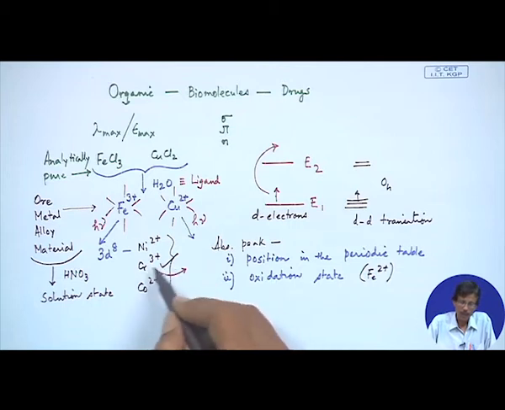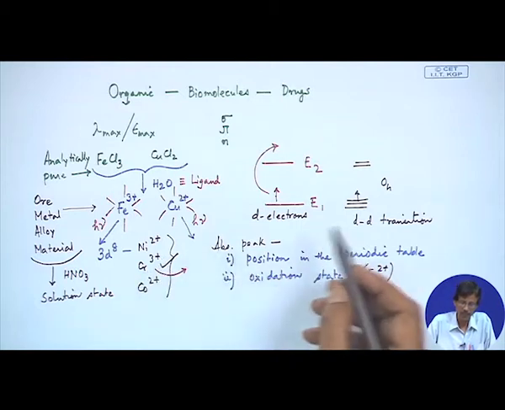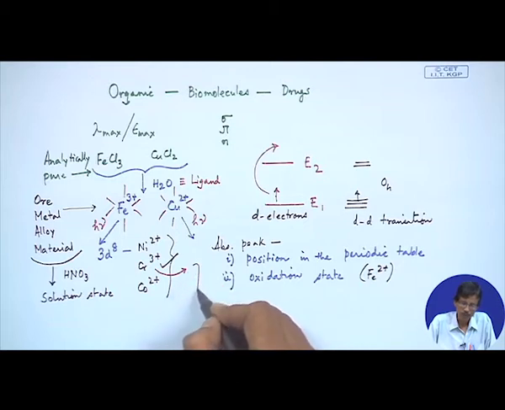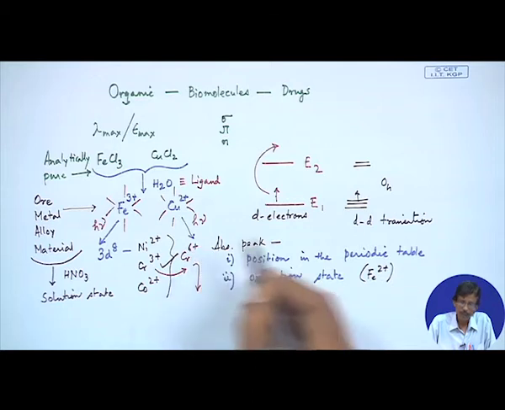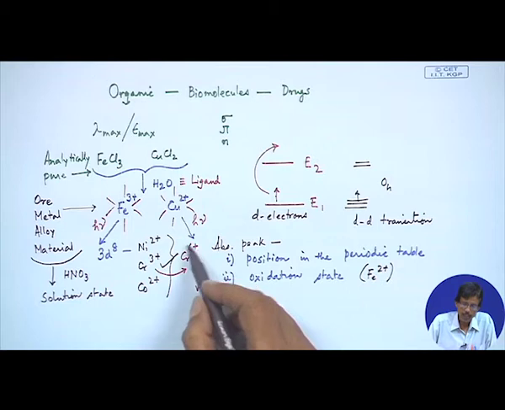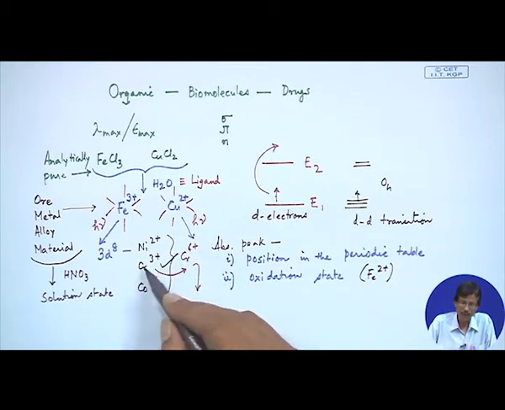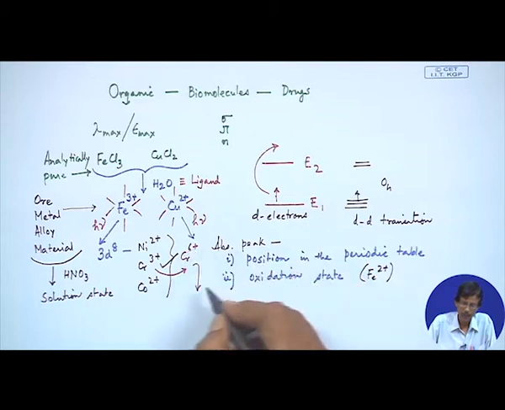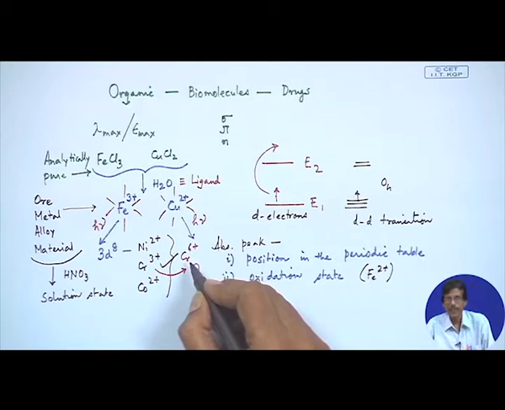Initially, we know that if you have chromic chloride, you can dissolve it to get the corresponding chromium in the 3 plus oxidation state, but you can oxidize it to chromium 6 plus by some fusion technique. Any oxidizing agent or oxidizing flux can oxidize chromium 3 plus to chromium 6 plus, which can be present as chromate.